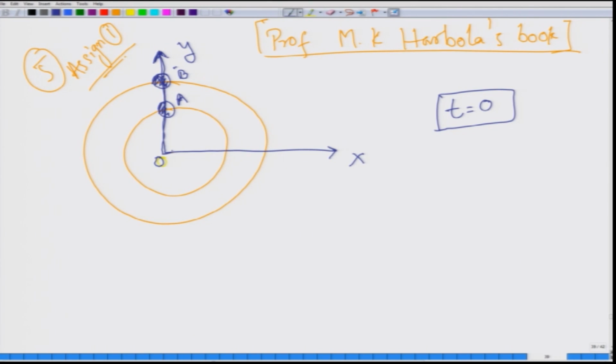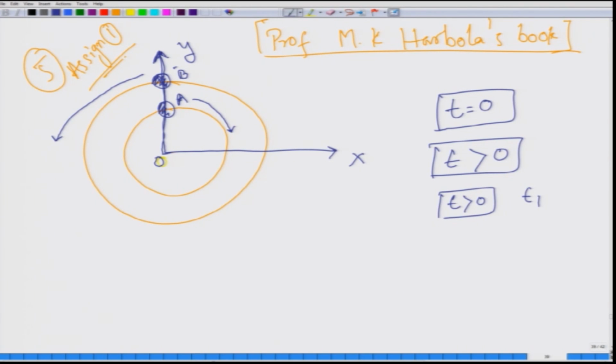So they move at time t greater than 0. The particle A starts moving clockwise and the particle B starts moving anti-clockwise. So at a time t greater than 0, say t1, A is here. This is the new position of A at an angle theta, and B is here.